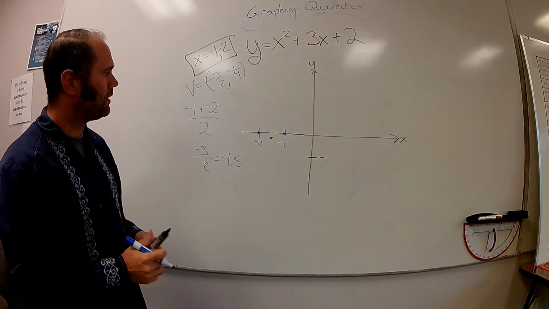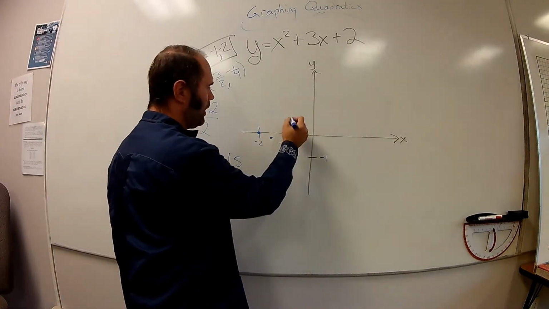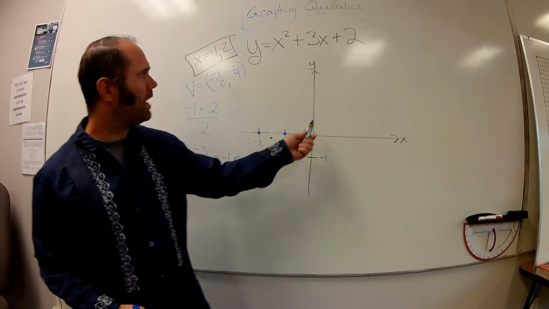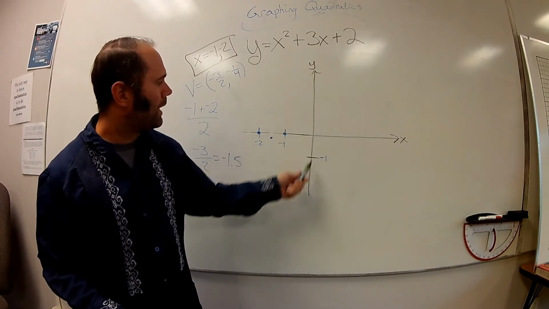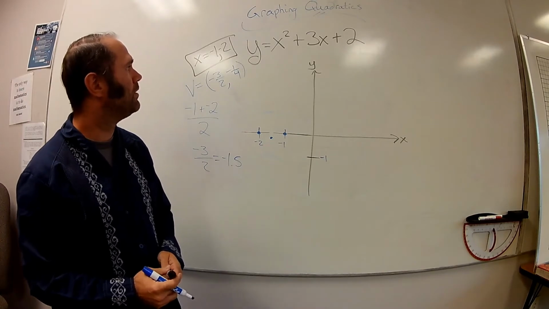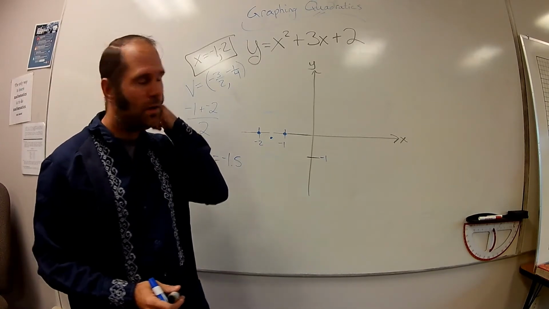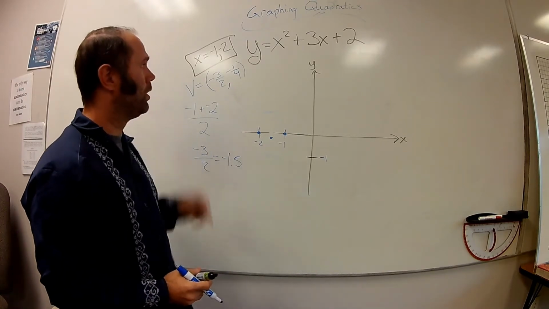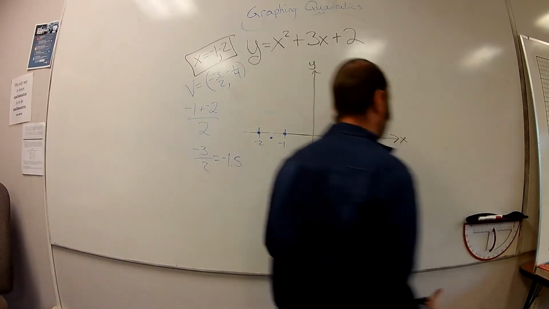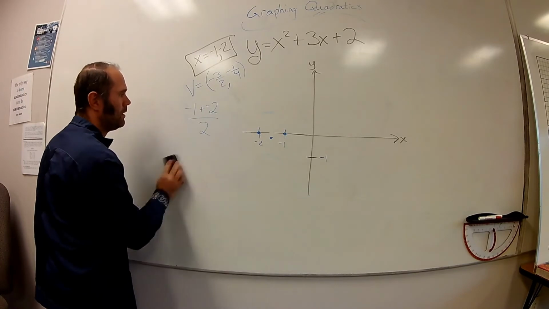The other point that we might want to find, so before I make the U shape, I might want to try to find the y value. So what is y when x is 0? So that would be the y-intercept.